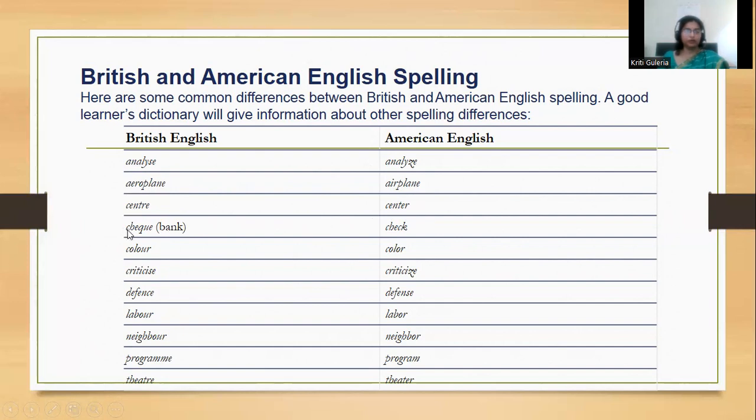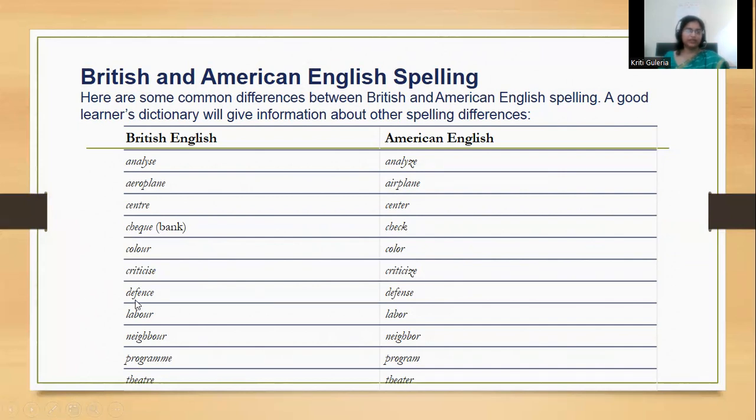Now, for the spelling of cheque, the bank cheque, in British English, it is C-H-E-Q-U-E, whereas for American English, it is C-H-E-C-K, checkbook. Colour, C-O-L-O-U-R as per British English, whereas C-O-L-O-R as per American English. Criticise, again S-E under British English, whereas Z-E under American English.